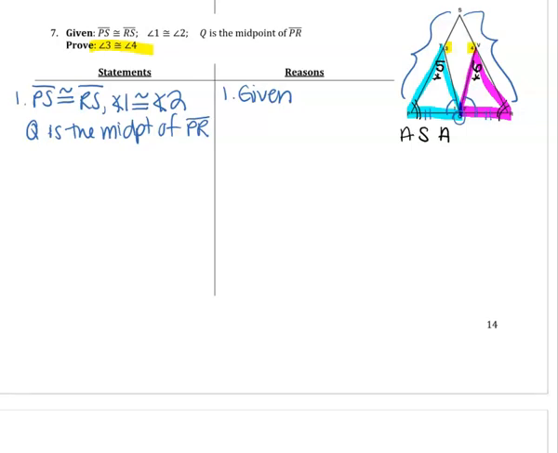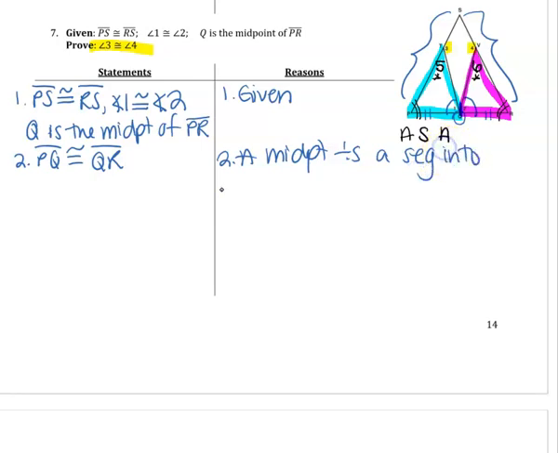All right, so first thing I'm going to talk about is, actually, let's do that midpoint, because I took care of that in my diagram right away. Let's talk about PQ and QR. All right, that helps me get a side in my proof. Remember, we want angle side angle.